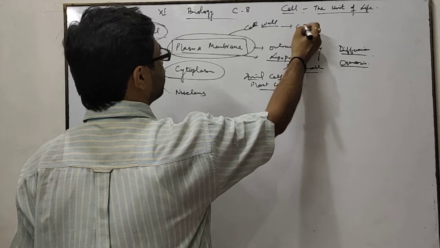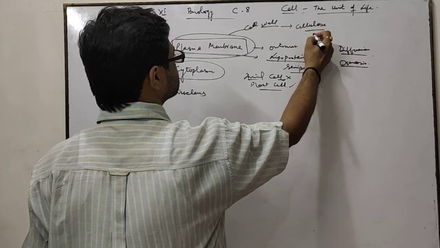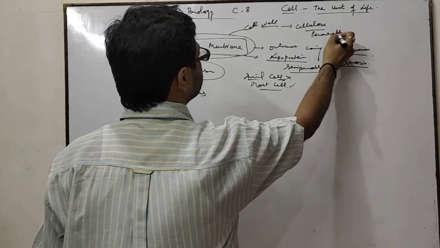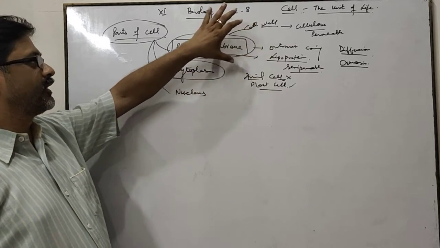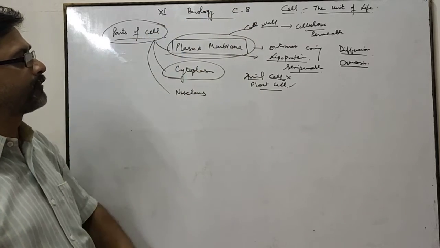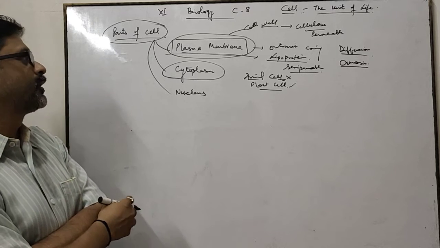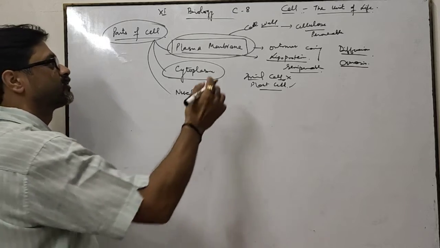Cell wall is made up of cellulose and it is completely permeable in nature. It is dead and helps in protection of the cell. Means cell wall protects the cell from injury and various germs.